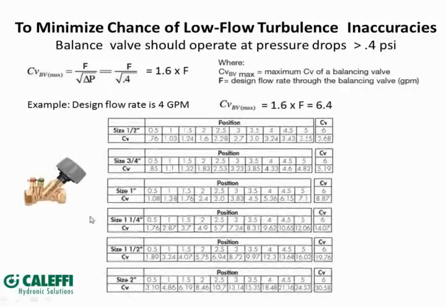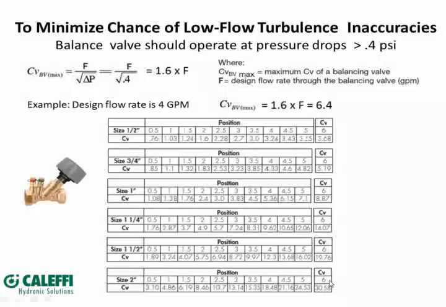So if you look as an example at Caleffi's 6 different sizes of balancing valve, 2-inch, 1.5, 1.25 inch, down to 1/2 inch, for each size we show the flow coefficient as a function of the knob position. With the knob fully open, here's the Cv value. So we can see that 2-inch has a maximum flow coefficient of 31.